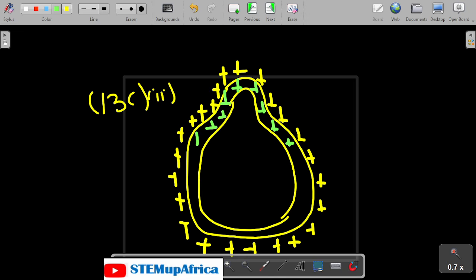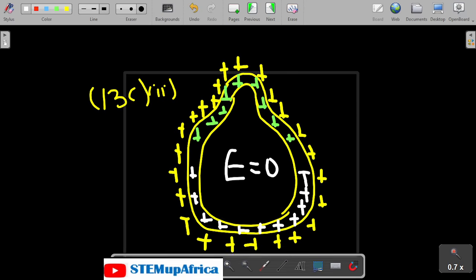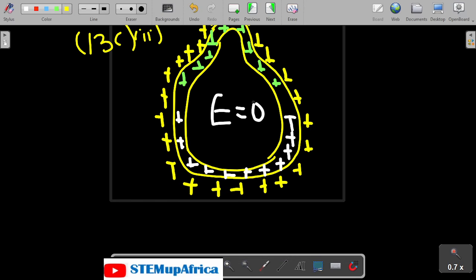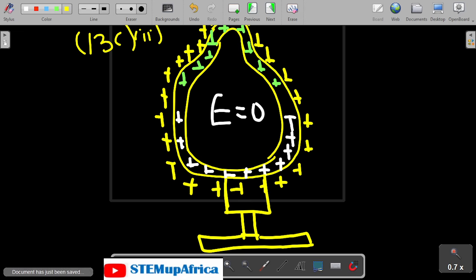From here to a certain point, then from this point we have charges distributed this way. Something like this. So our E is also 0. Then we also have our insulated stand, something of this nature.